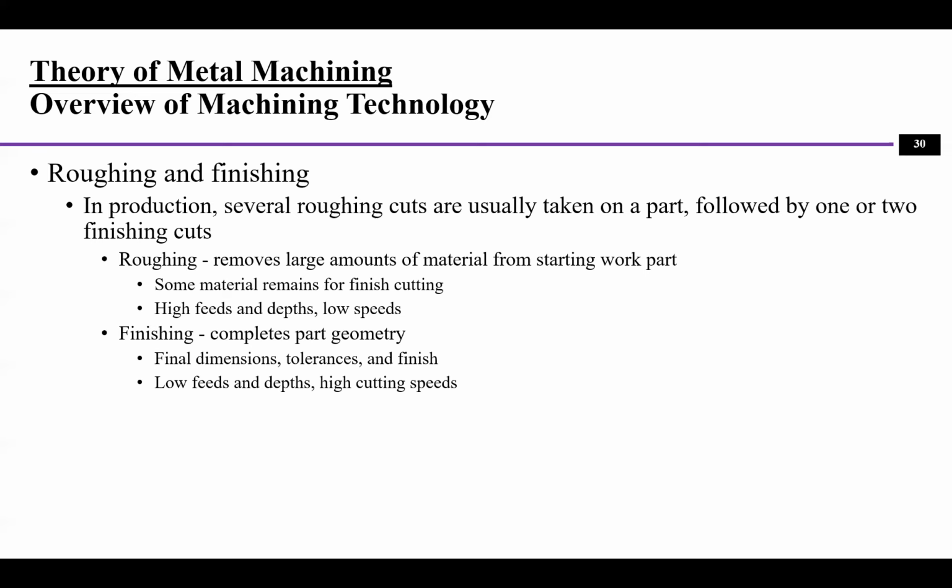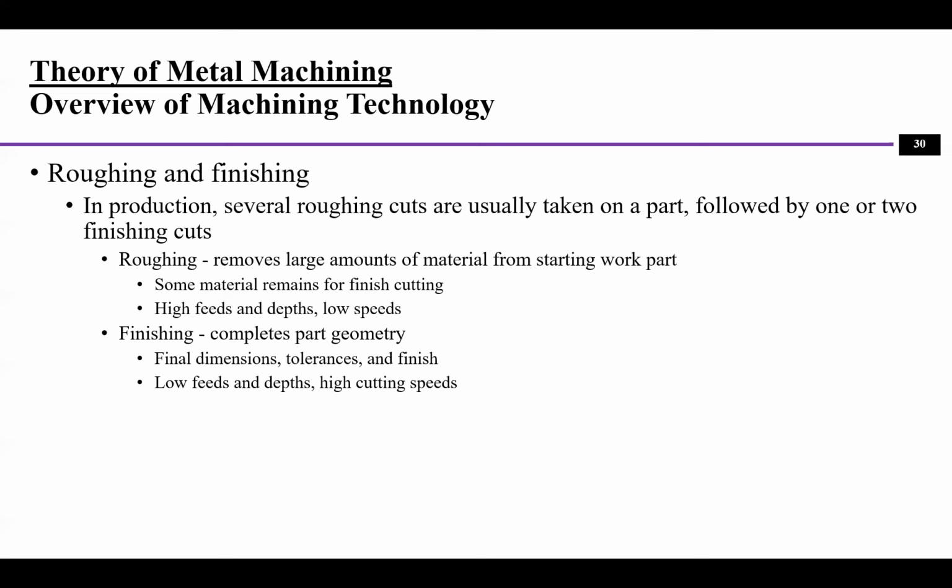Typically, we use high feeds and also high depths of cut with lower speeds, right? With a lower speed, because a higher cutting speed usually gives a better surface finish, but it will also consume more energy. Think about higher feeds. That means that in every step of the cutting, you are removing a lot more material, which requires more energy and more torque.